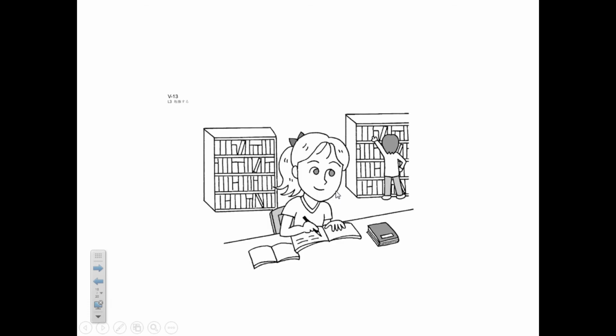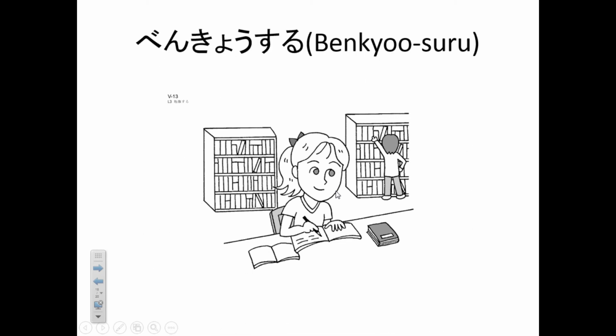This is also a suru verb. To study. 勉強する. 勉強 means studying in Japanese, and then we say to do studying, to say to study. 勉強する. There are many verbs like that in Japanese.